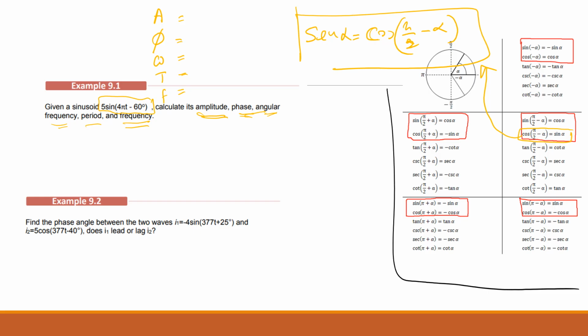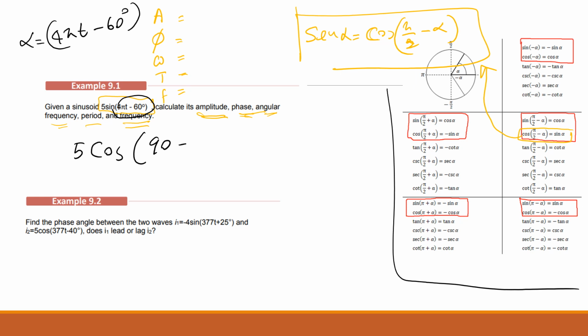So if I convert this, what is your alpha? Alpha in this case is the whole of this, right? That is 4 pi t minus 60, that is your alpha. Do you agree or not? Okay, so how do you convert it to cosine? 5 cos 90, pi over 2 means 90, am I right?